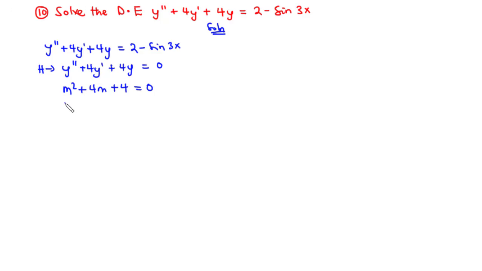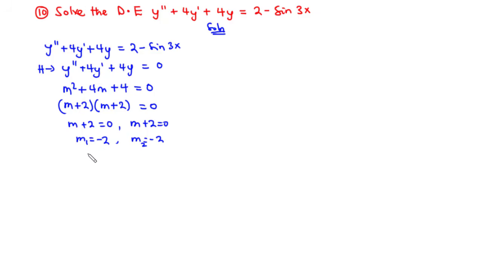So we have (m + 2)(m + 2) = 0. So m + 2 = 0, m = -2, again m + 2 = 0, m = -2. Let's make this m1 and that's m2.